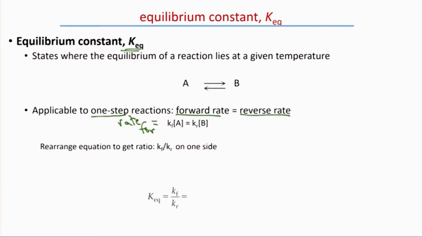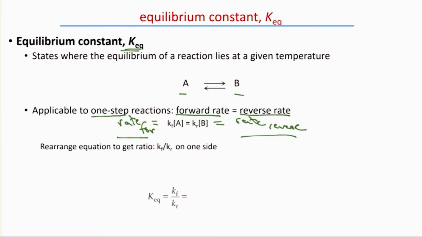And this equals the reverse rate, which is K reverse times the concentration of B. So here our reaction was A to B. So when these are at equilibrium, we know that these rates are equal to each other. The rate of the forward equals the rate of the reverse. And we can then write it as K forward times the concentration of A equals K reverse times the concentration of B.